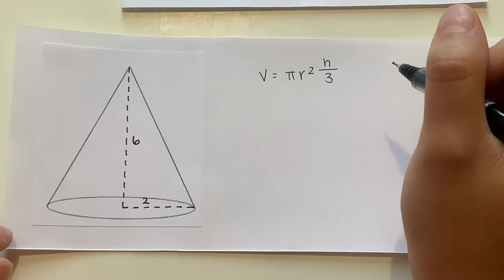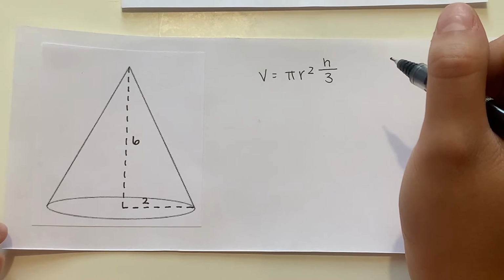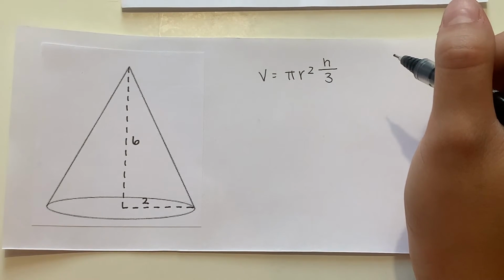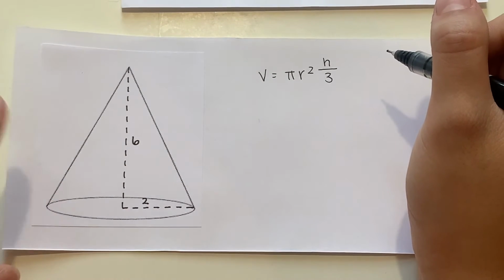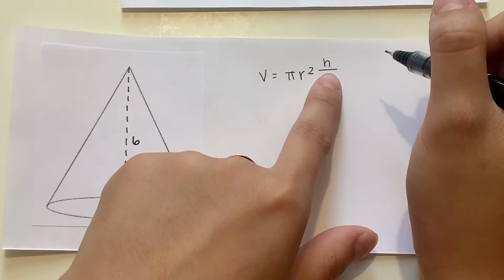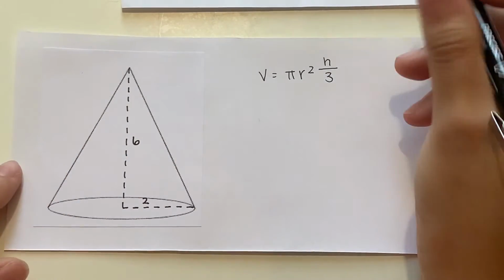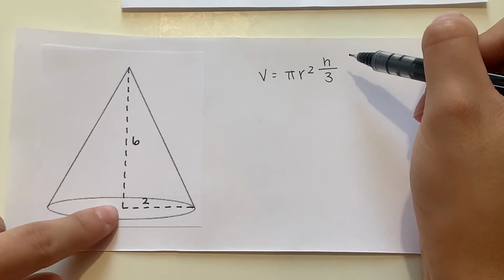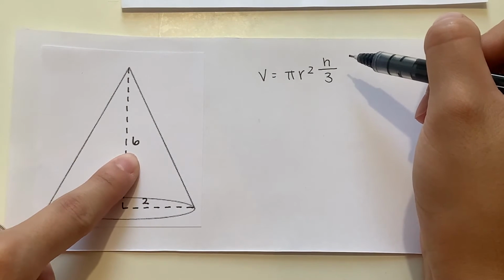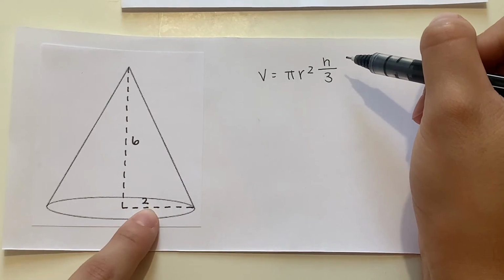Comparing this equation to the equation used to find the volume of a sphere, for a sphere we only have one value, which is radius, that we need to plug in. This equation, we have two values that we need to plug in. We need to plug in our value for radius and the value for height. So height is 6 and our radius is 2.